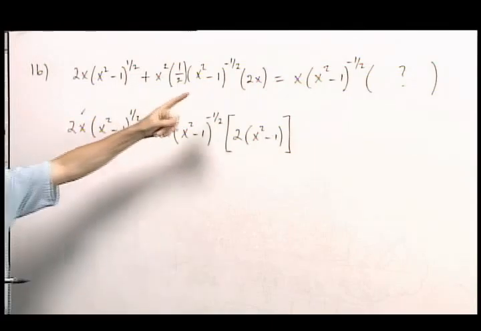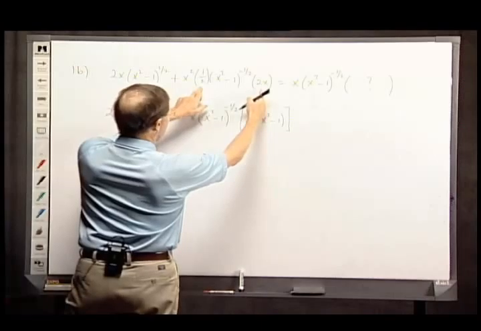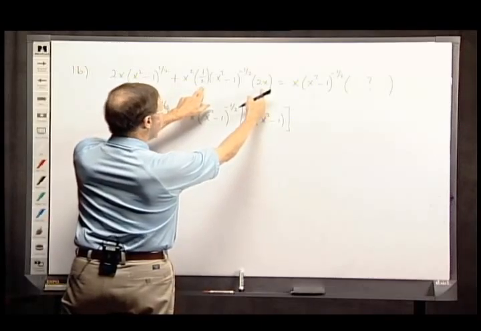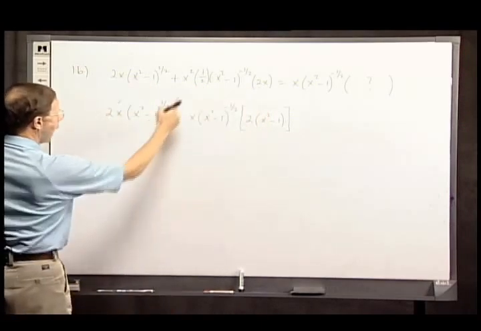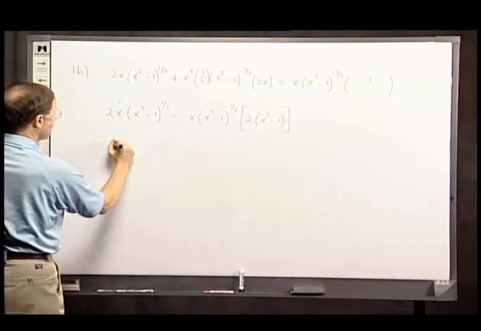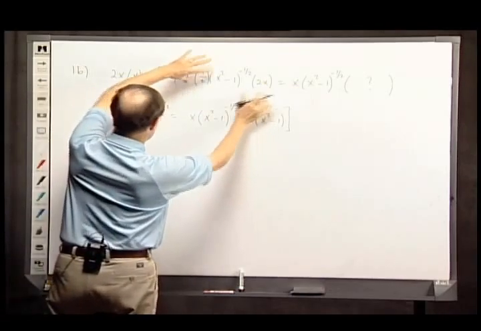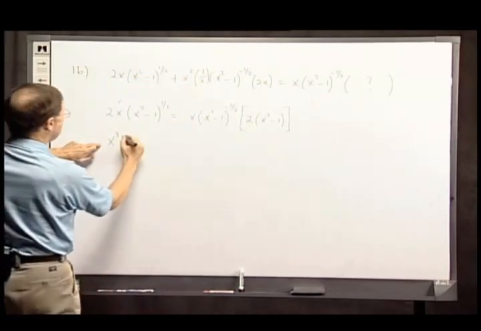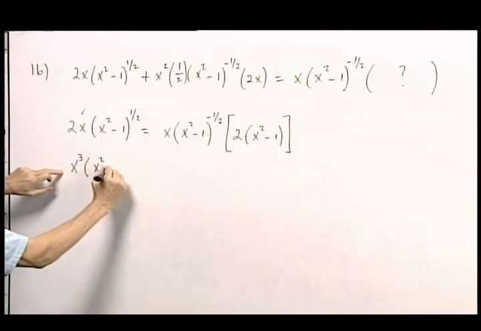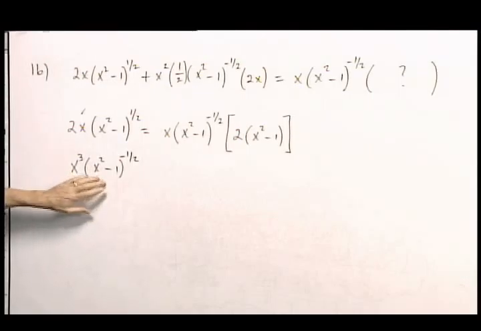How about this other guy right here? I've got x squared. Let me multiply these two guys out, save a little time. 2x times 1/2 x squared will give me simply x cubed. So all of this has gone into here. And then I have x squared minus 1 to the minus 1/2. So this and this term are equal.